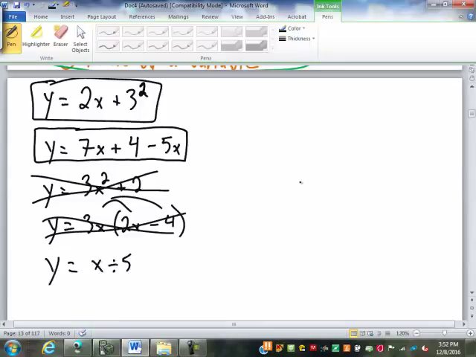How about this one? Y equals x divided by 5 is the same as y equals 1/5 times x. That's a line. We can't divide by the variable. We can divide the variable by a number, but we can't divide a number by the variable.